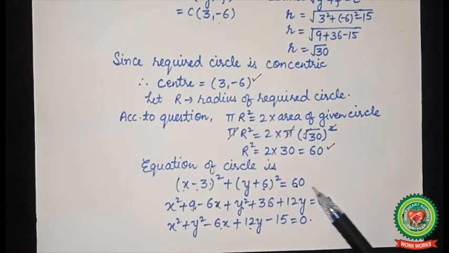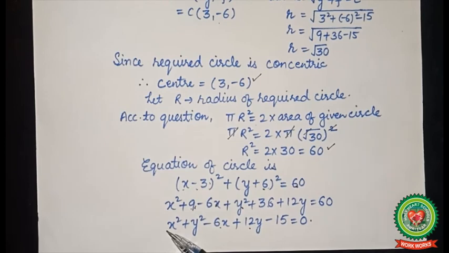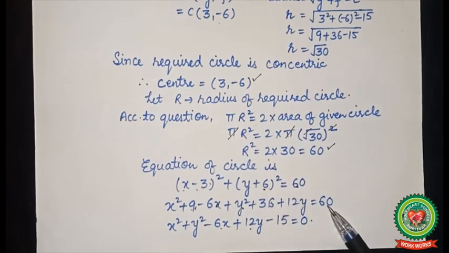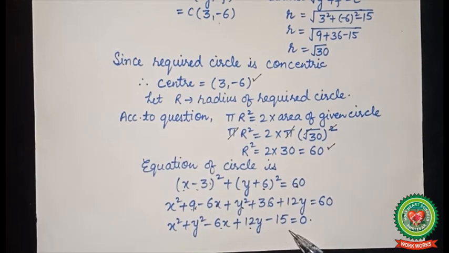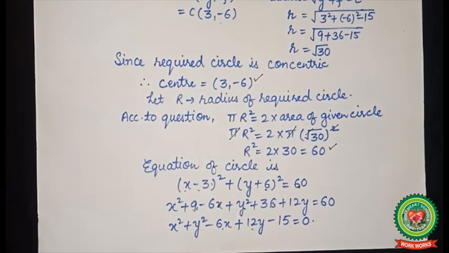On shifting 60 to the left hand side, we get the final equation, that is x square plus y square minus 6x plus 12y, then plus 36 and plus 9 minus 60. On simplifying, we get minus 15 is equal to 0. In this way, we can find the equation of the circle in case of concentric form.